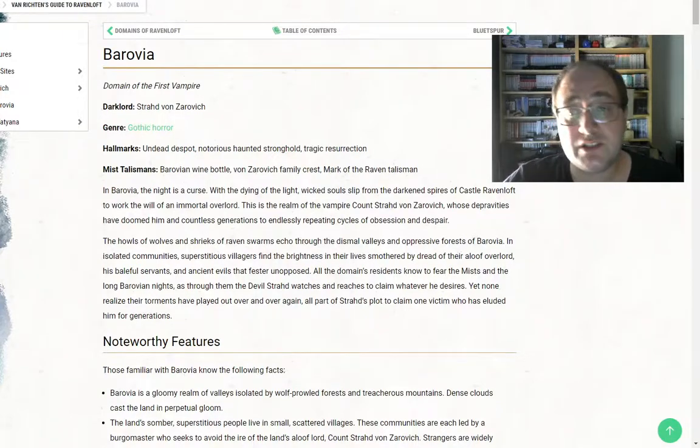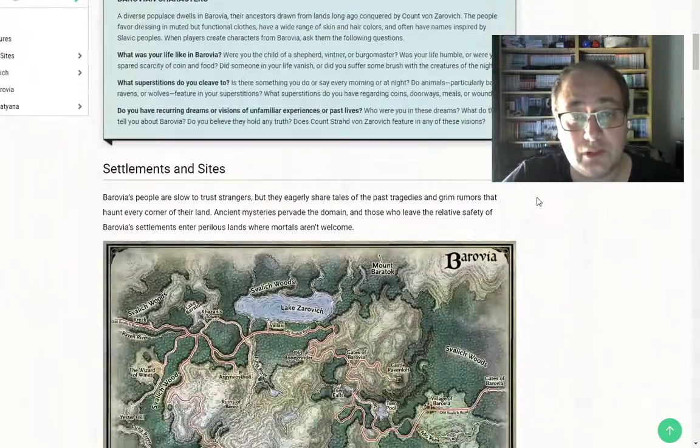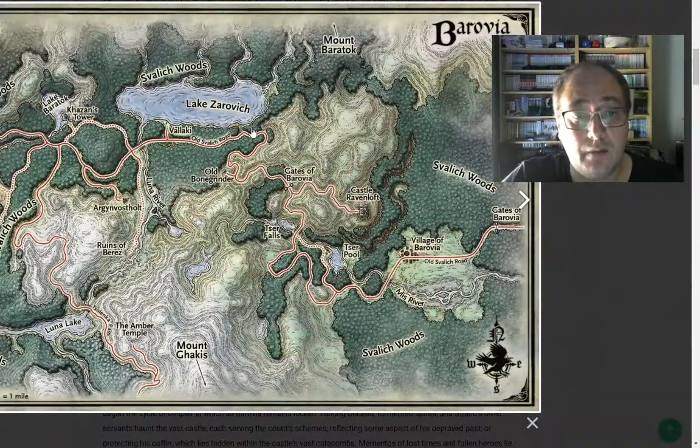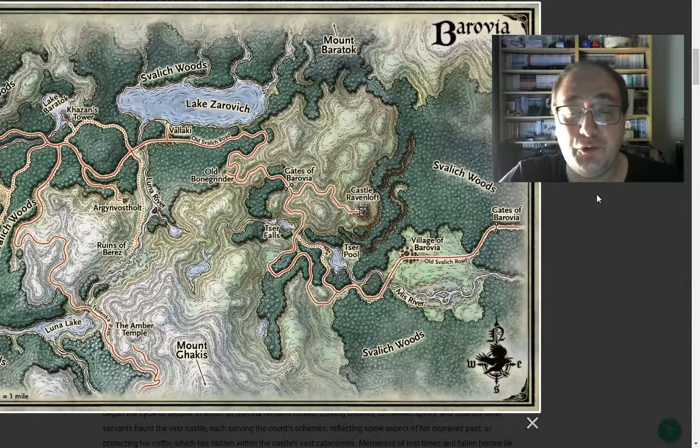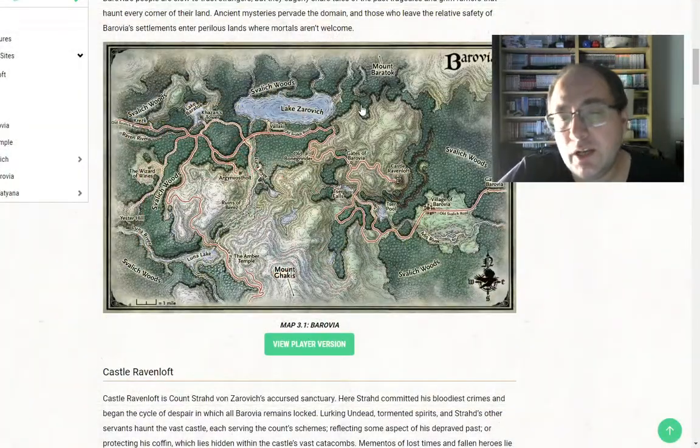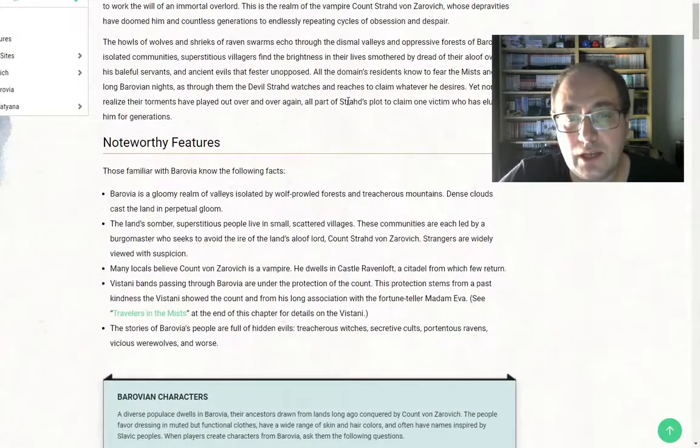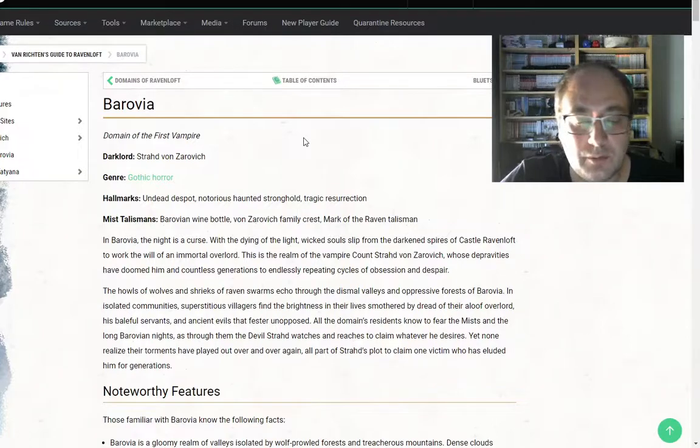You could even run psychological horror, depending on the locations. For example, the Abbey at Kresk would be very suitable to psychological horror, or the Old Bone Grinder here would be very suitable to body horror. So you can actually do quite a lot with this domain. You don't have to run it just as a Gothic horror domain.